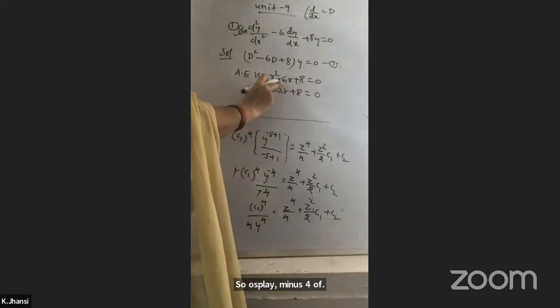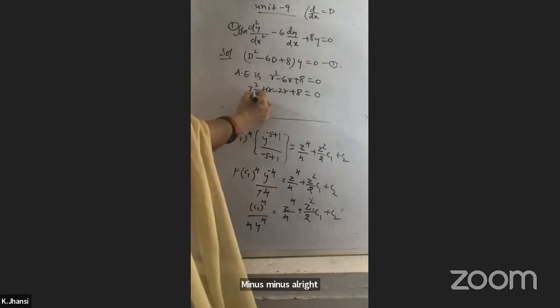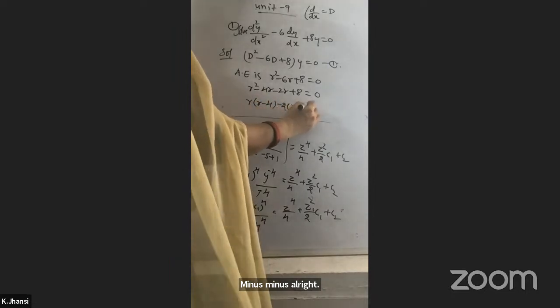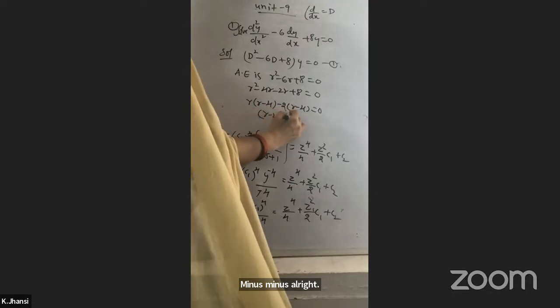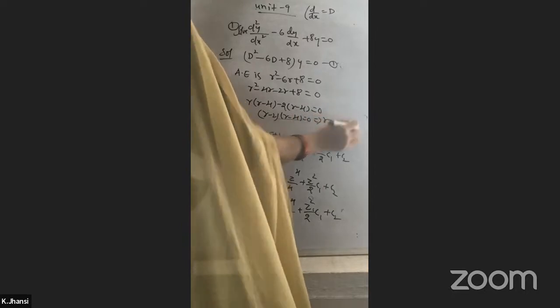Minus means you will get minus 6r. Minus into minus means plus 8. Okay. So if you take r common, r minus 4 minus 2 into r minus 4 equals to 0. So r minus 2, r minus 4 equals to 0 implies r values are 2, 4.